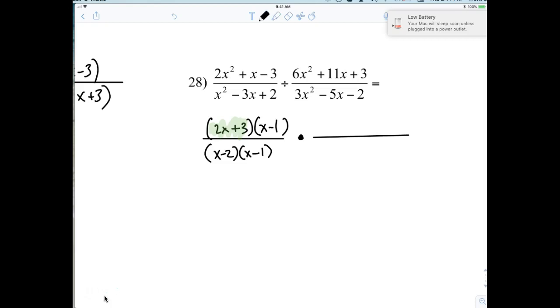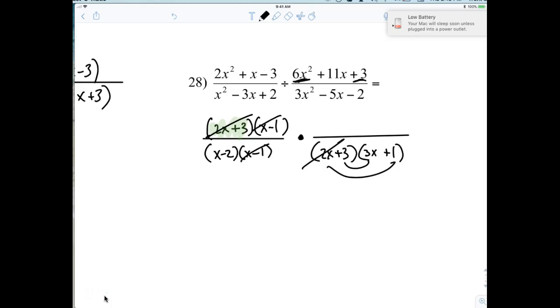So I'm just going to check 2x plus 3. Now, I need 6x squared, so it's going to have to be 3x. And I need a positive 3, so it's going to have to be a positive 1. 9 and 2 makes 11. So I understand what I'm trying to show you: you can do it faster if you're comfortable. Now, the 2x plus 3's canceled, the x minus 1's canceled.